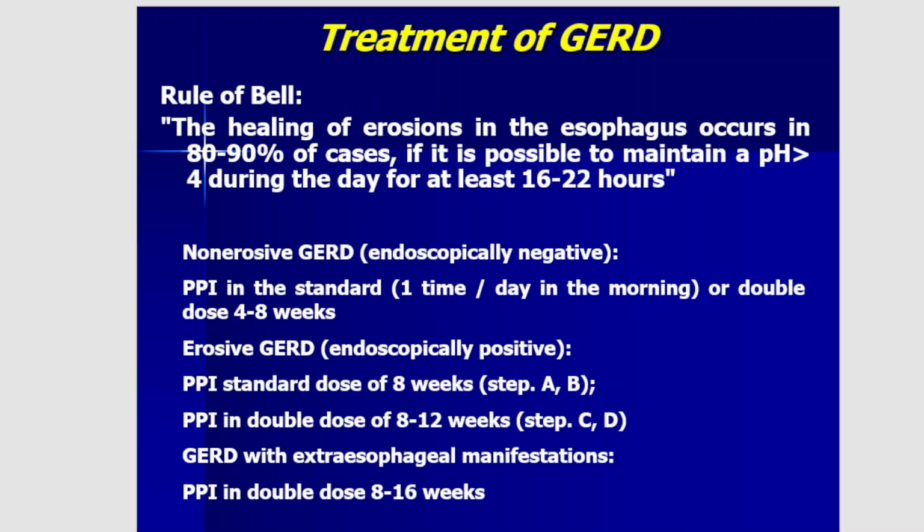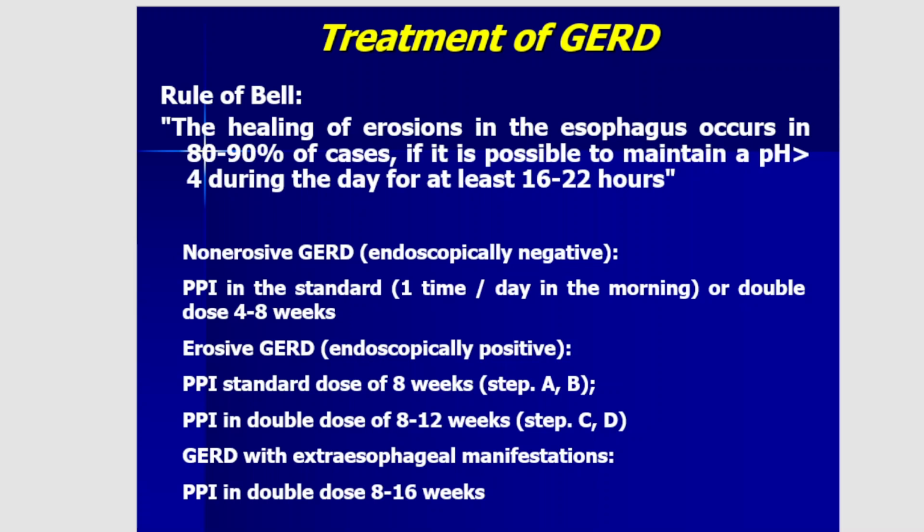Erosive variant of gastroesophageal reflux disease, or endoscopically positive: proton pump inhibitor at standard dose for 8 weeks in stage A-B and up to 12 weeks in stage C or D.